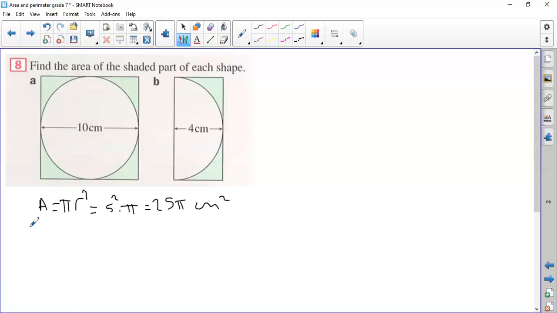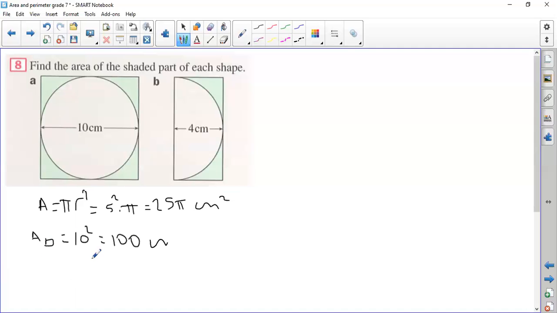What is the area of the square? Since this diameter is given and it touches the square, it means the side of the square will be what? 10. So area of the square is side squared, which is 10 squared, 100 centimeter squared.